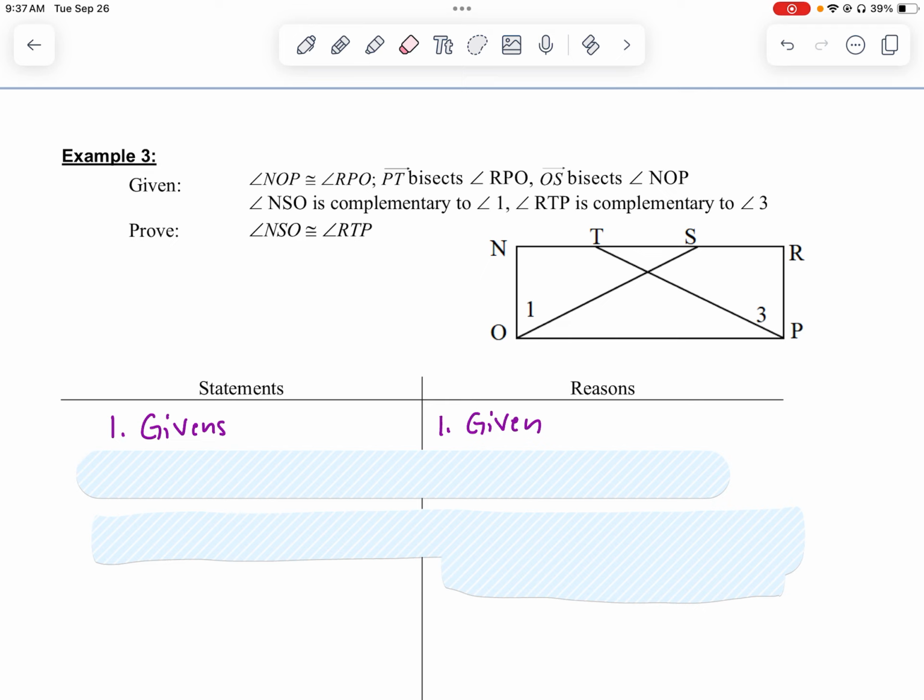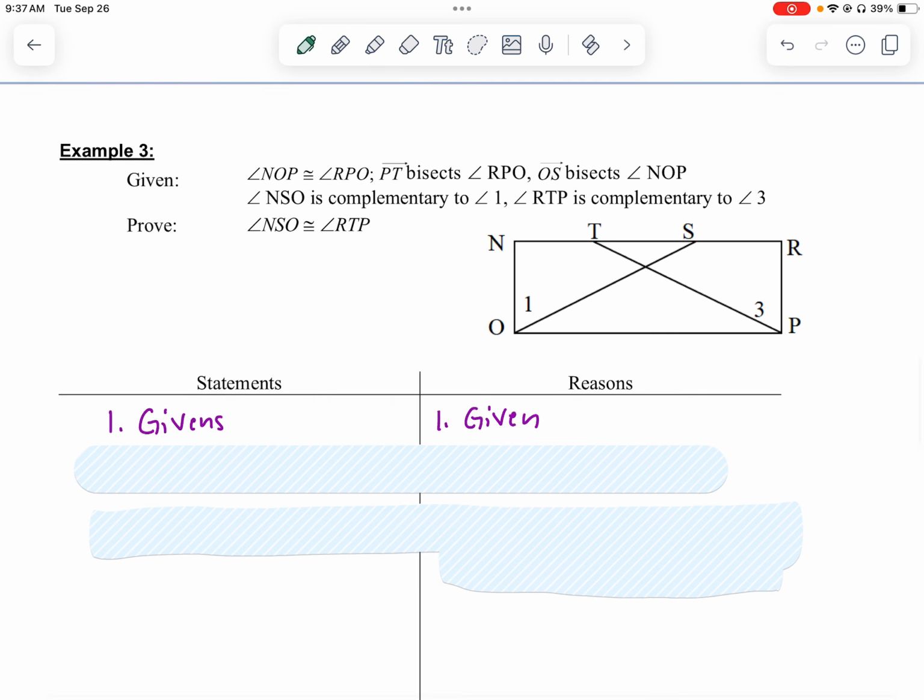First thing we have is that angle NOP is congruent to angle RPO. NOP, RPO. Make sure you find those angles and mark them. Ray PT bisects angle RPO. So ray PT is here. RPO is the one we just marked as congruent.